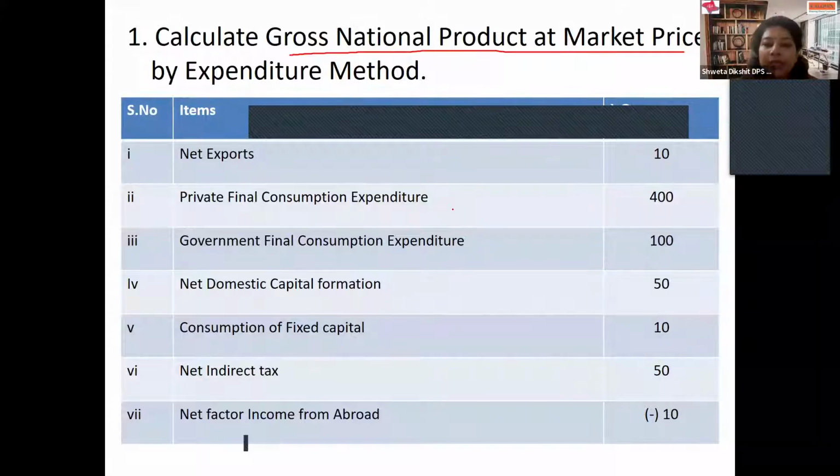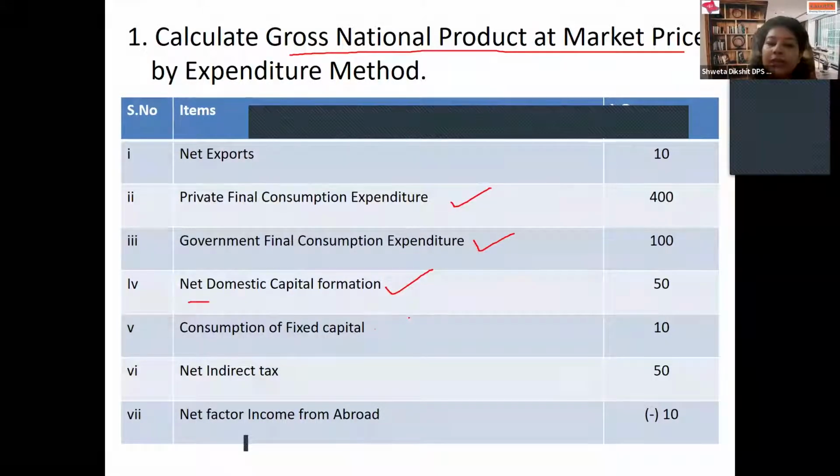Now, what were the components we need as per the formula? Private final consumption expenditure, government final consumption expenditure, gross domestic capital formation. Do you see gross domestic capital formation? No. But net domestic capital formation is given. So to convert net domestic capital formation into gross domestic capital formation, we also need consumption of fixed capital.